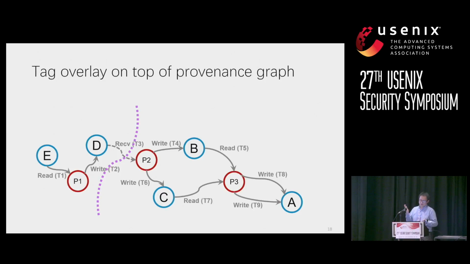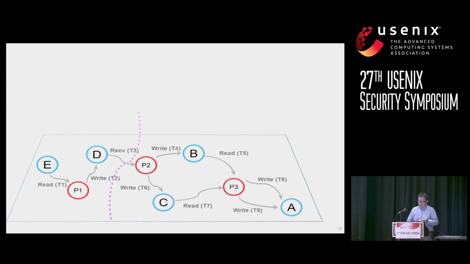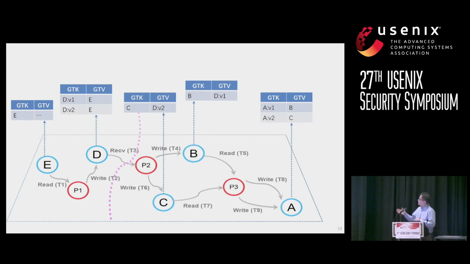So here, when we compute the data flow in each DIFT task, we combine these results into our tag overlay on top of the classical provenance graph, and then we get the final result. In our running example, we get the result for each data flow in each DIFT task.